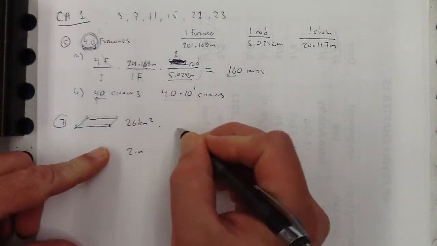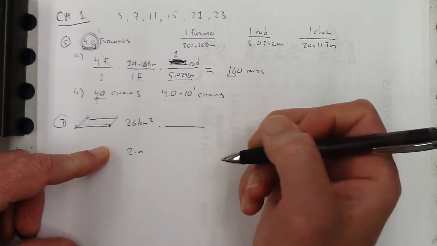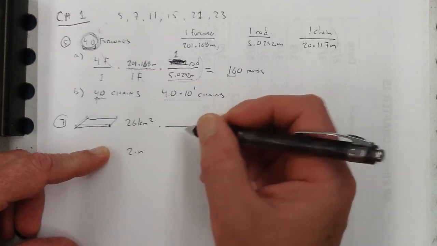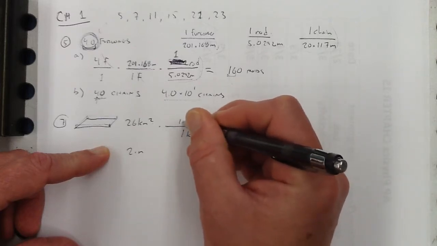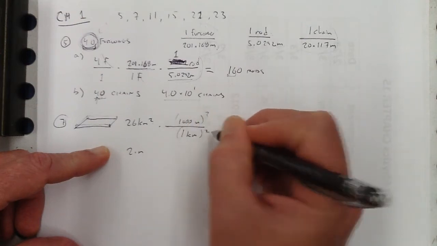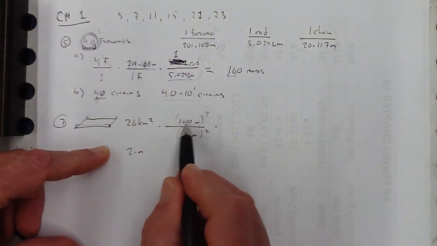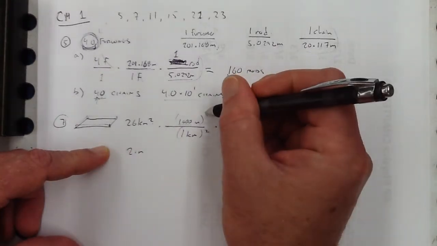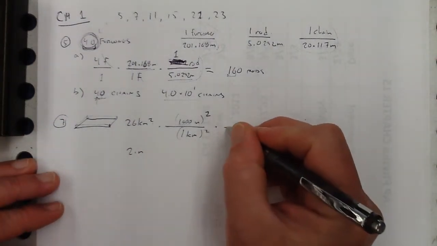So let's see what we can do there. Square kilometers, what if we went to square meters first? 1 kilometer is 1,000 meters. But if we're dealing with square units, we have to square these, and we have to square any numbers that show up in the conversion factors also. So that'll get me to square meters.